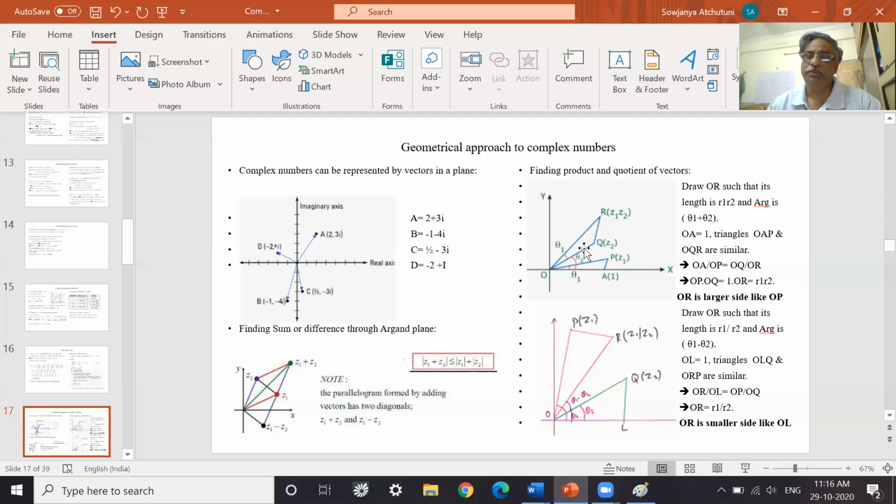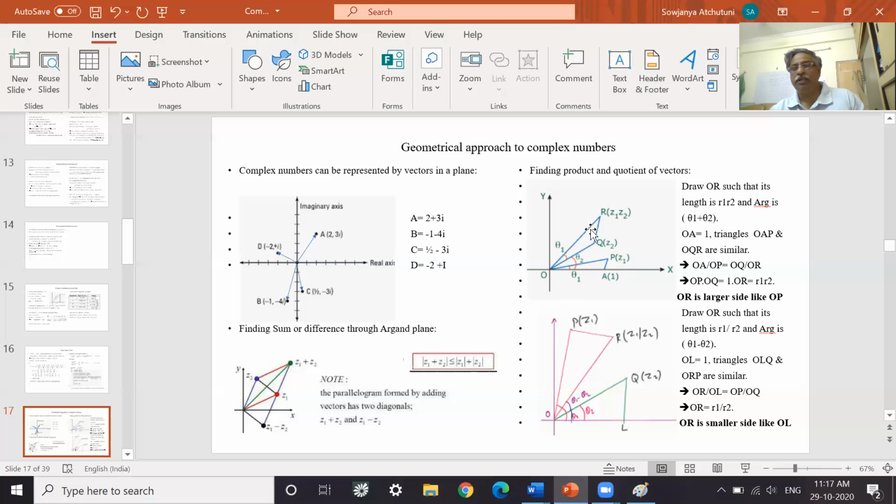I made two similar triangles, OAP and OQR. So draw OR such that its length is R1 R2 and argument is theta 1 plus theta 2. But otherwise OA is 1. So triangles OAP and OQR are similar.